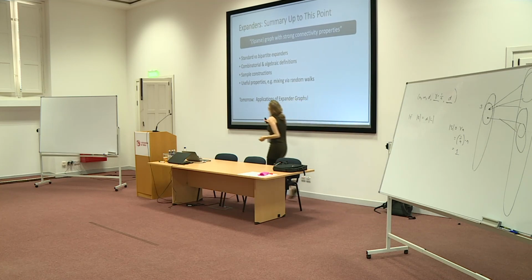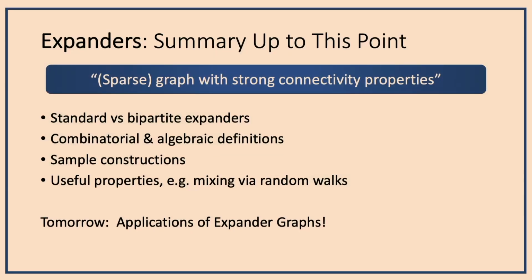We saw the edge expansion definition, and the spectral gap, this linear algebra-based definition, the gap between the top two eigenvalues. A little bit about constructions and some useful properties, for example mixing via random walks.